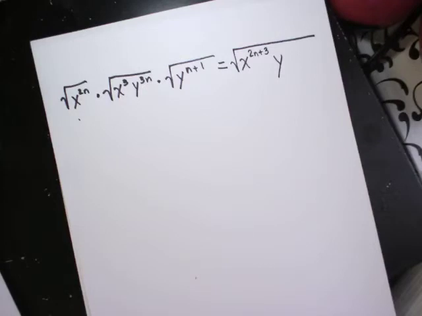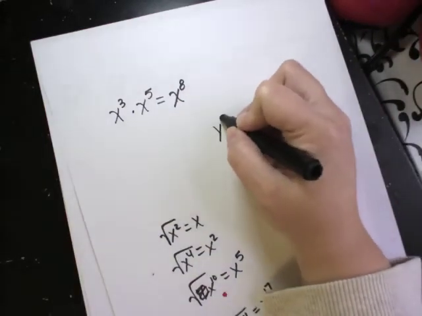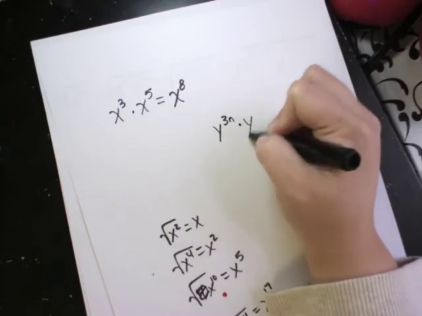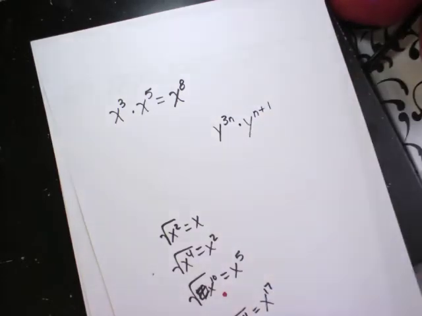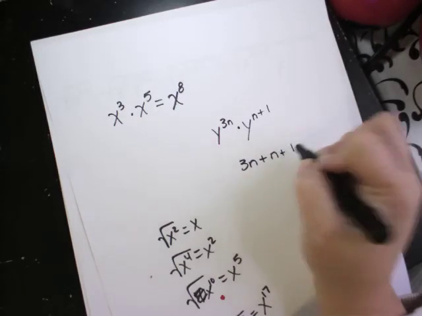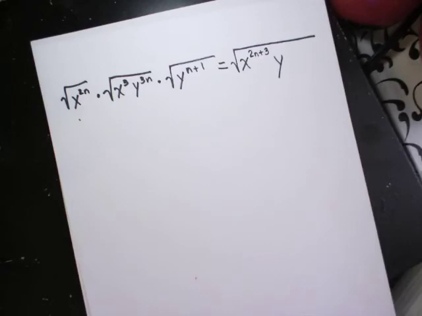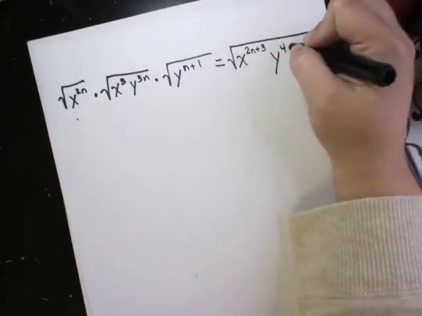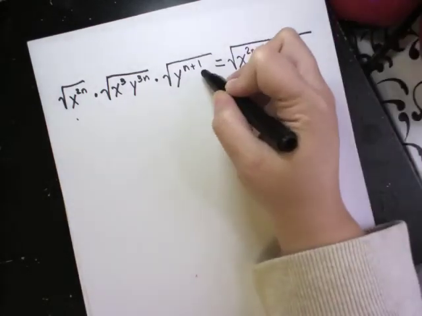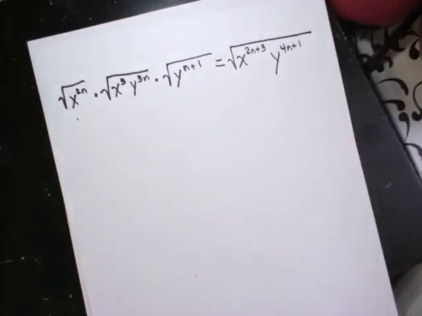If we're adding the powers, then our new power is going to be 3n plus n plus 1. That whole thing is the power. So y to the 4n plus 1. Okay?